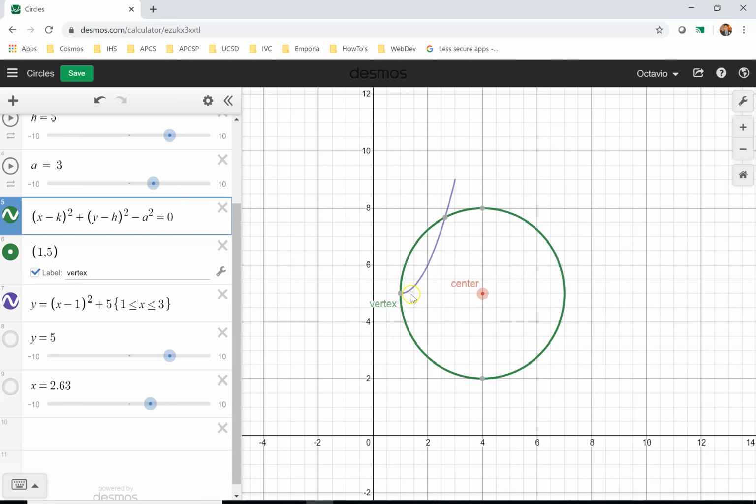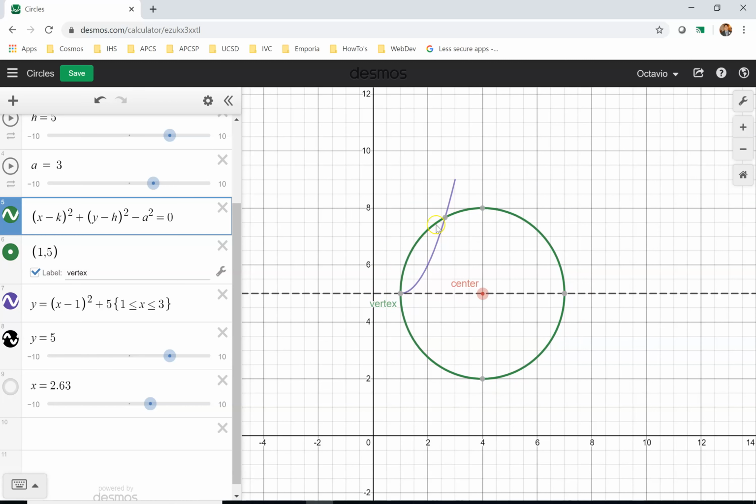What I can do is look at the vertex of the parabola, and its y-coordinate is 5. Here it is. If I want a line that goes through the y-axis at 5, I can put y equals 5 there. So I'm giving myself an idea of where I want.